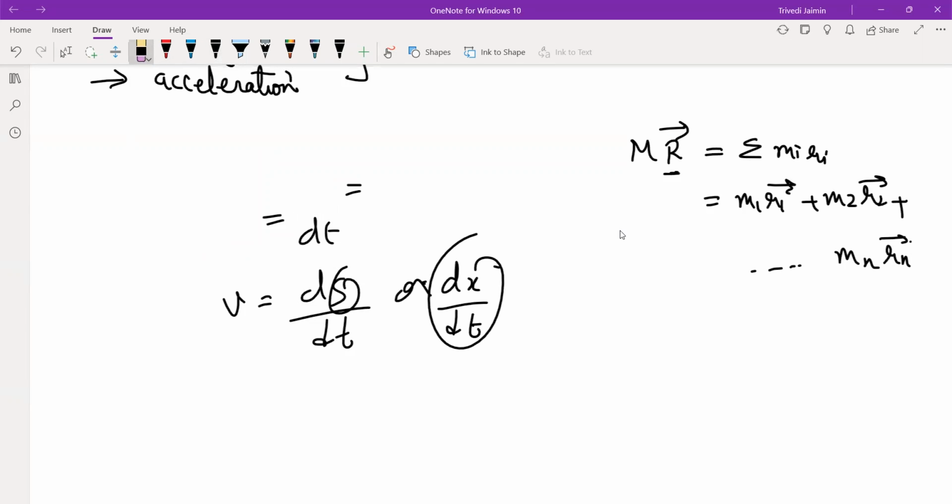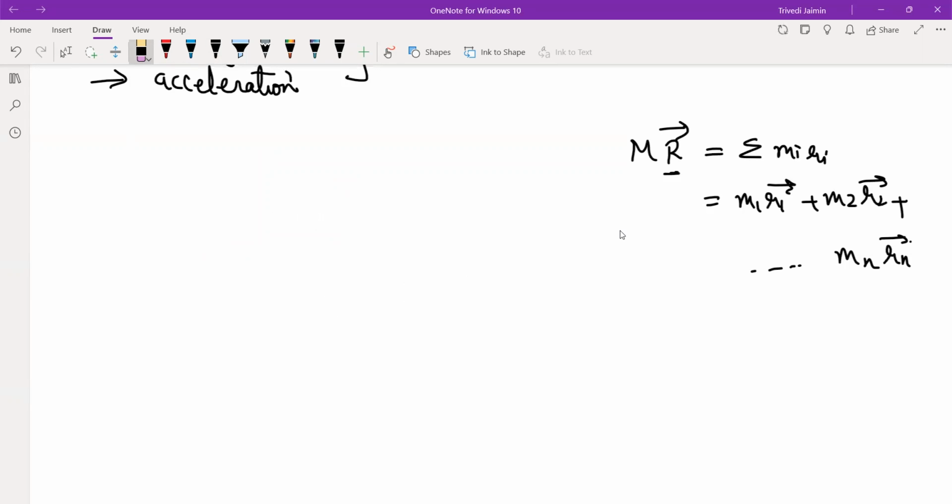That's what you studied in kinematics. Yes, sir. Whenever you are not able to get this concept, you can tell me straight.